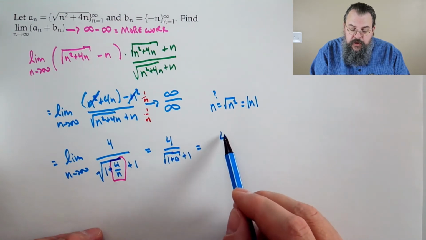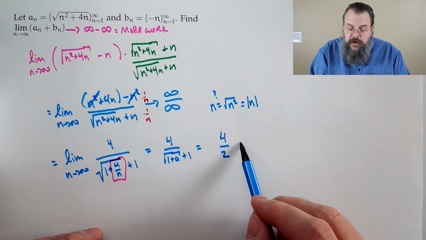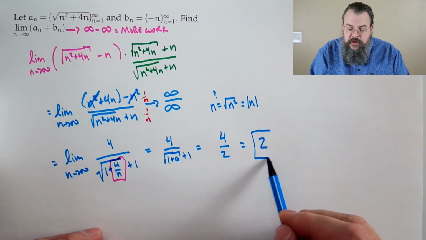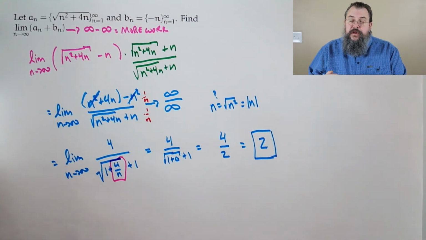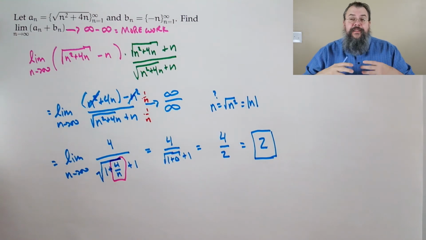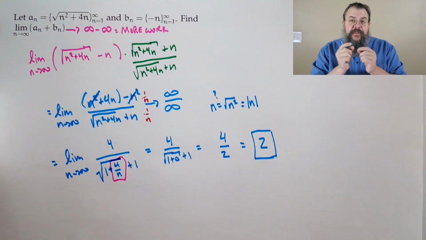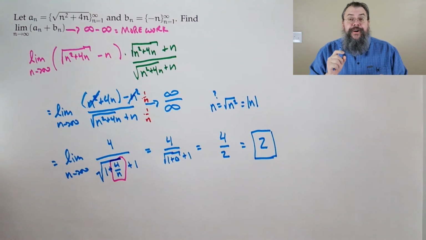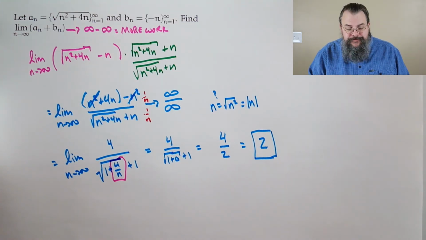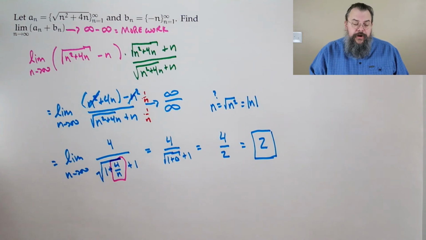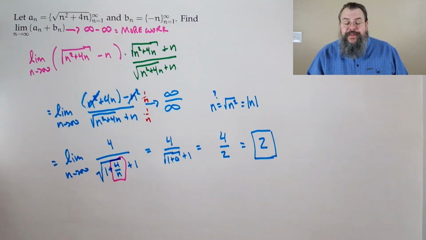Well, that's really 4 over 2, also known as 2. So it turns out that these two sequences, even though they both get large in magnitude, the relative size is almost identical, off by 2. All right. Wow. Amazing.